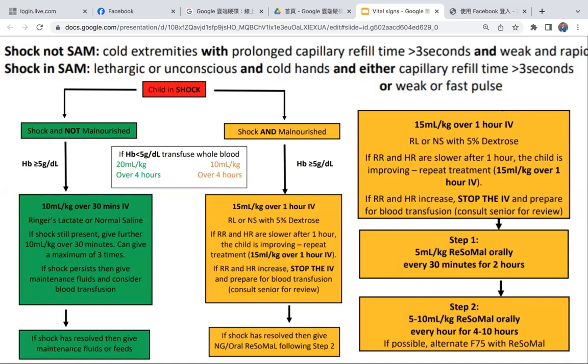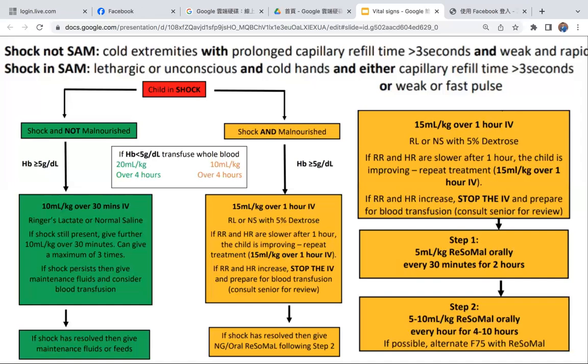After the blood transfusion, if he or she is still having shock, we can transfuse Ringer's lactate or normal saline with 5% dextrose at 15 ml per kilogram over 1 hour. We give it slowly and with sugar because it's very common for children with malnutrition to have hypoglycemia.